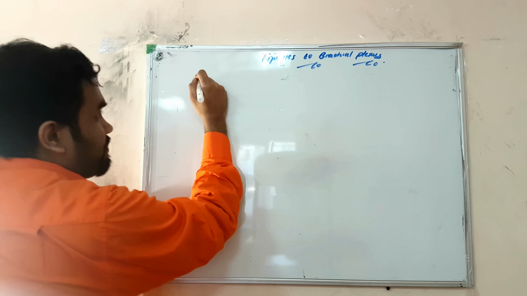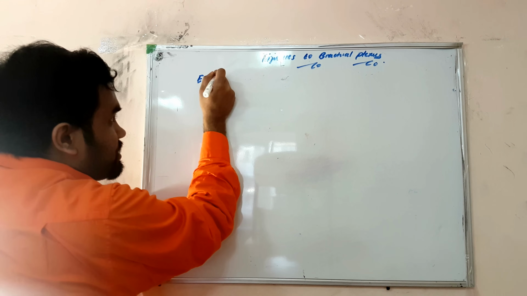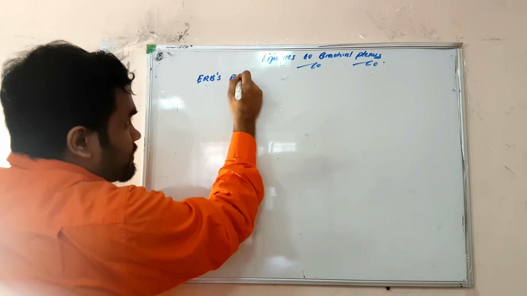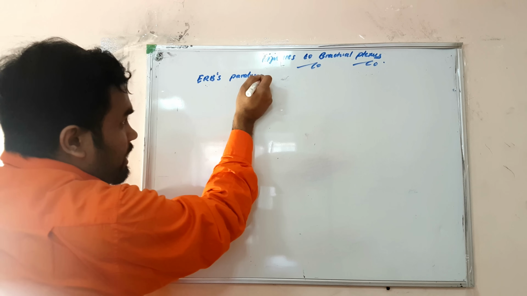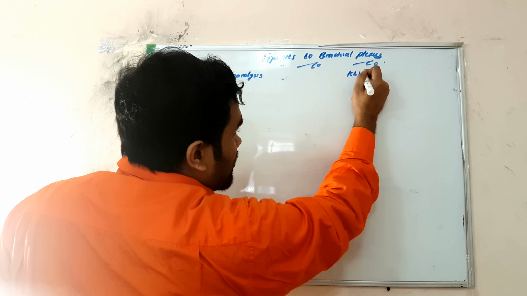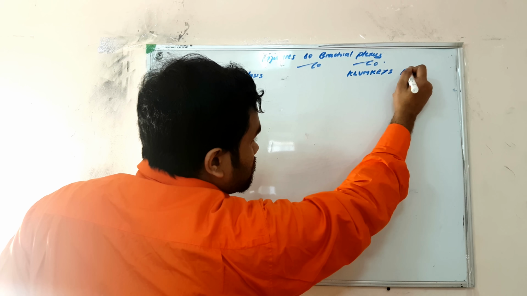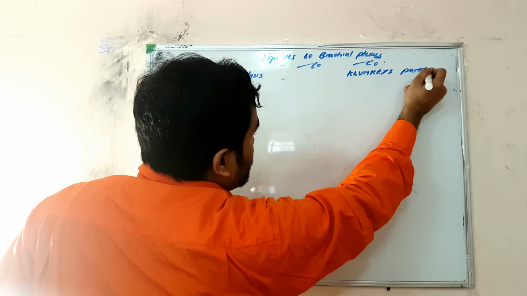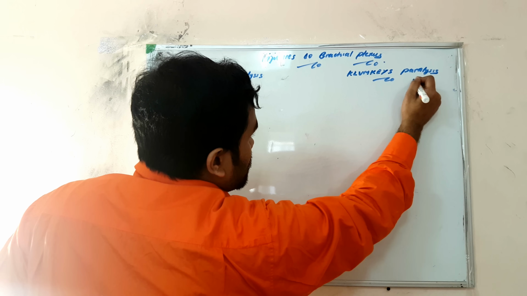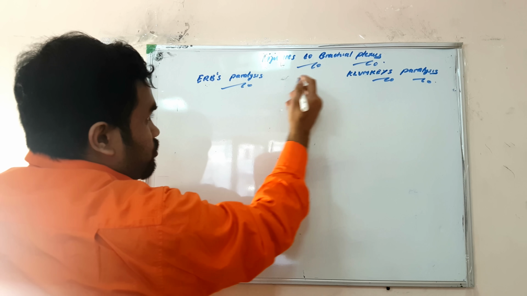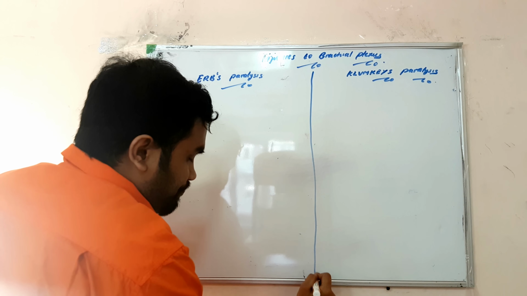So we have two types of injury. One is Erb's paralysis. The other one is Klumpke's paralysis. You have to know the difference between both.